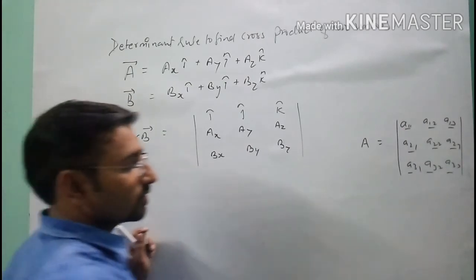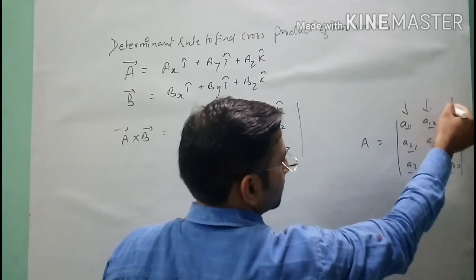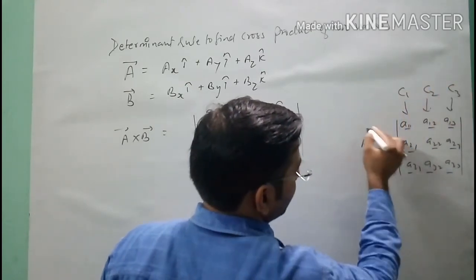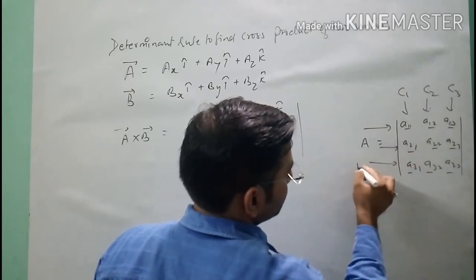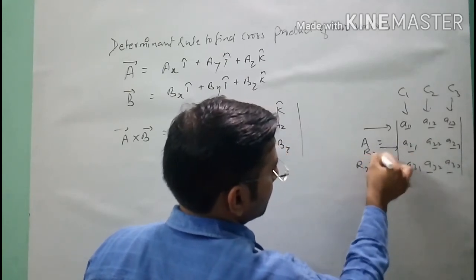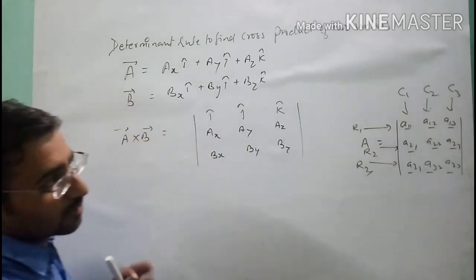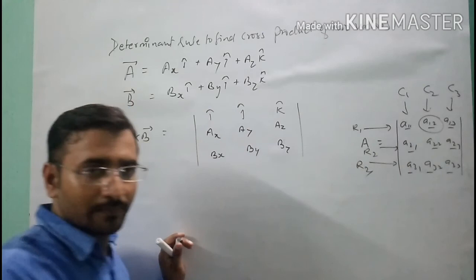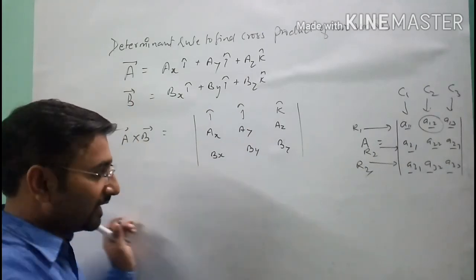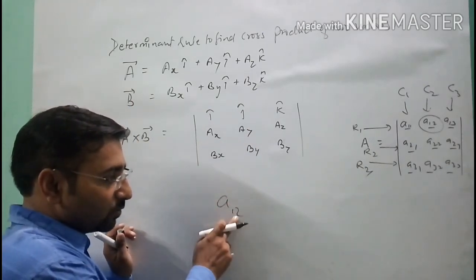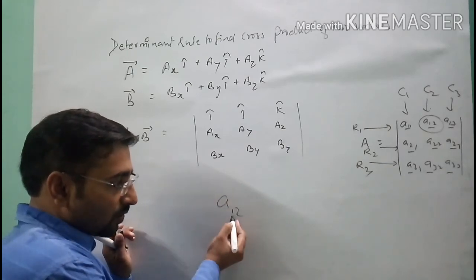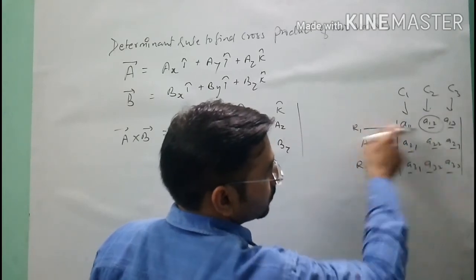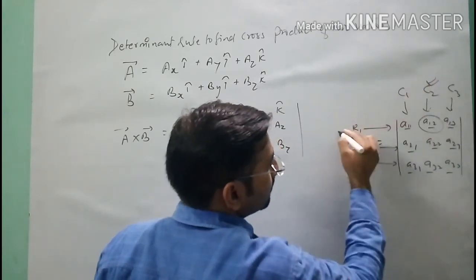Vertical lines are called columns, and horizontal lines are called rows, r1, r2, r3. So a11 or a12, what do they represent? A12 means this is the element of the first row and second column. Let's check. This is the element of first row and second column.